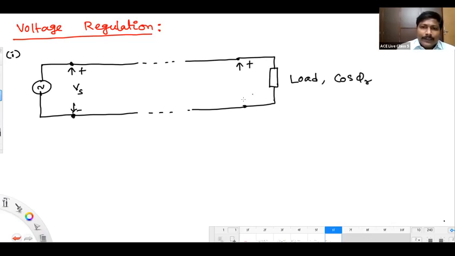You can say the output side voltage is VR. It's a transmission line. It's case one.